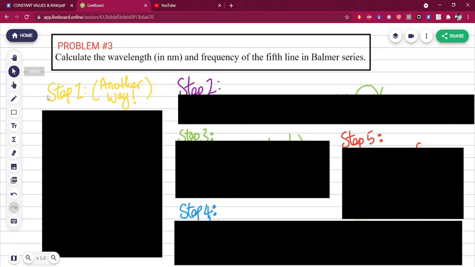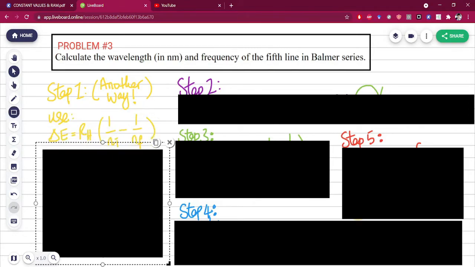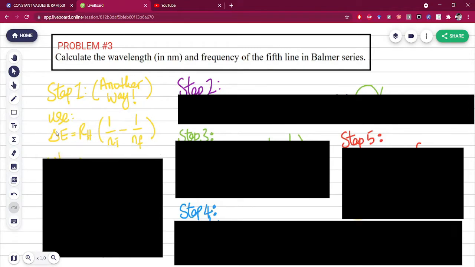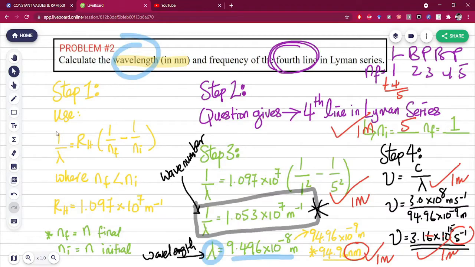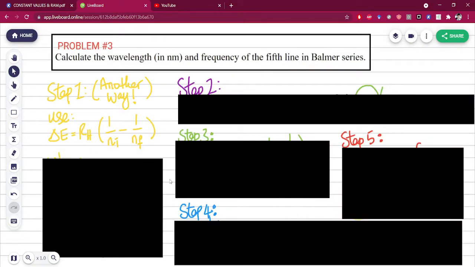Maybe some students would prefer to use this over here. Maybe you want to use delta E instead of 1 over lambda, like what we have done in problem number 2. Maybe you would prefer to use this, okay, to find the wavelength and eventually the frequency. You can actually do that.